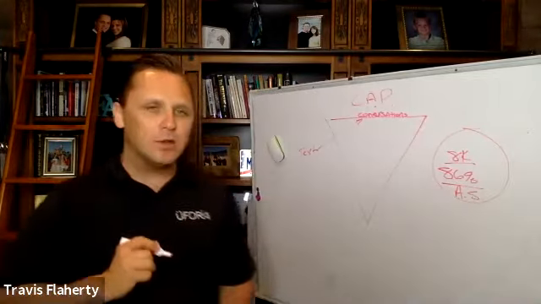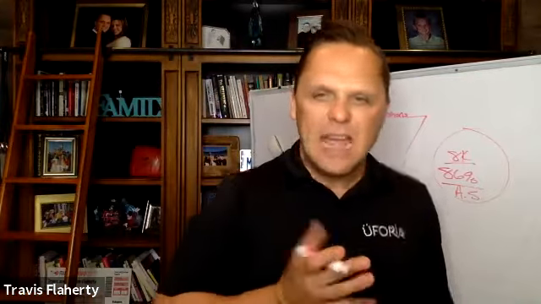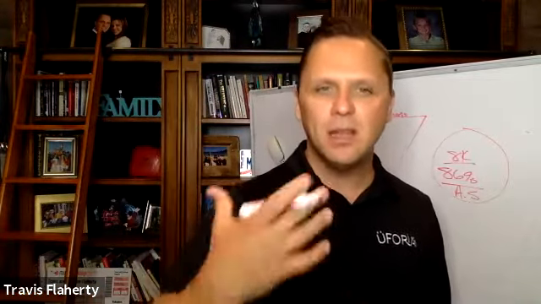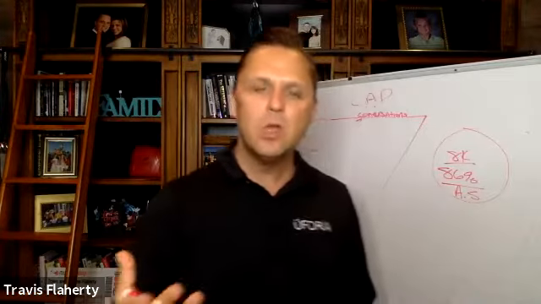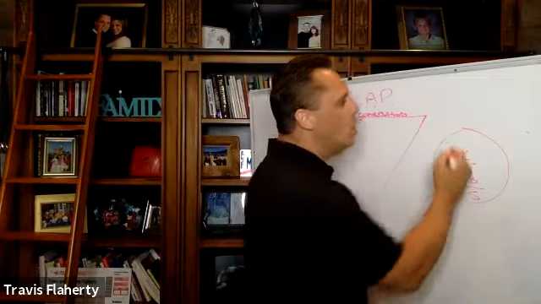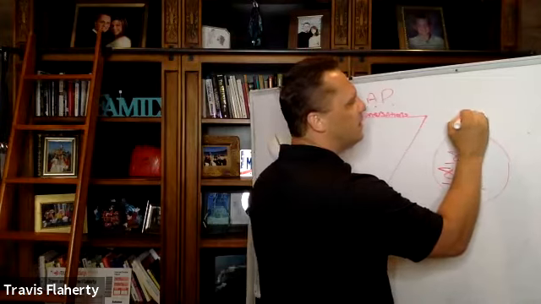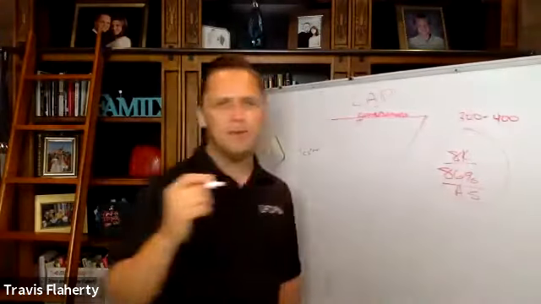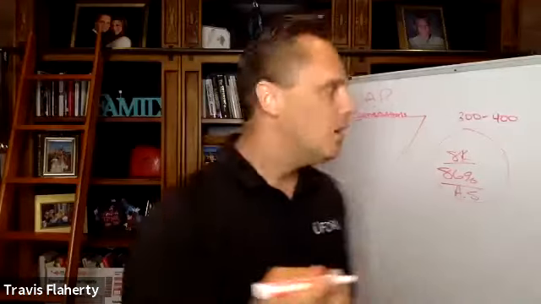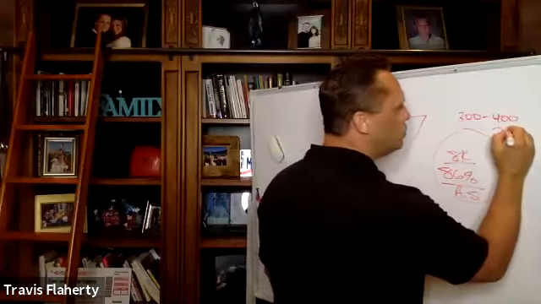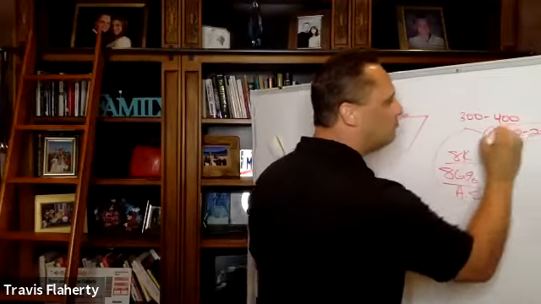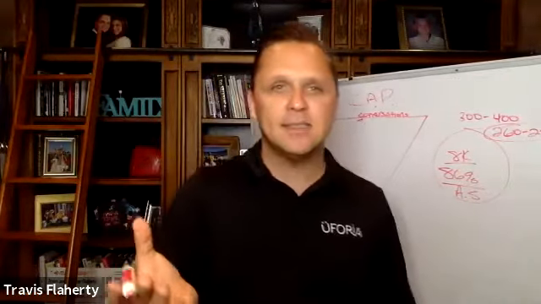Now, new sales in our business this month, are they down a little bit? Probably about 20% off. It's expected. Coronavirus, people have kind of been in a little bit of a fear, uncertainty, and doubt mode. So new people coming into the business, we typically experience between 300 and 400 new people coming into the team every month, okay? Right now, we're probably sitting at about 260, 270. So is the number down a little bit? Just in full transparency, yes, it is.